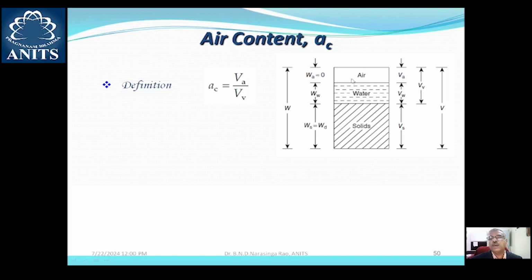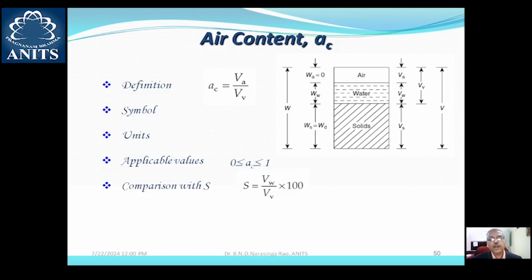If you are considering volume of air versus volume of voids, it is air content. So air content, A suffix c, is defined as the ratio of volume of air to the volume of voids. There are no units. The applicable values, it can have any value greater than or equal to 0 and less than or equal to 1.